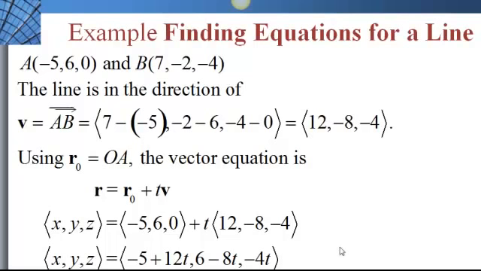This can also be written as (-5 plus 12t) i plus (6 minus 8t) j minus 4t k. The parametric equations for this are x equals negative 5 plus 12t, y equals 6 minus 8t, and z equals negative 4t.